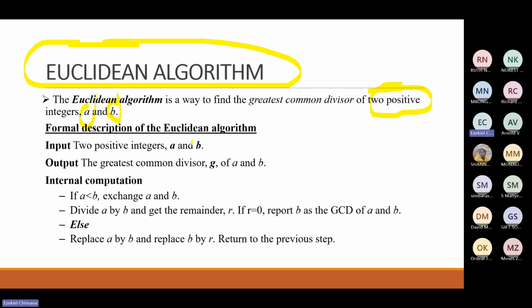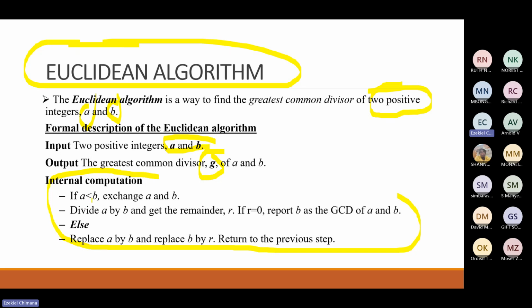The input is just the two positive integers, A and B. The output that the algorithm must produce is G, which is the greatest common divisor of those integers A and B. What you need to understand is the internal computation of this algorithm.